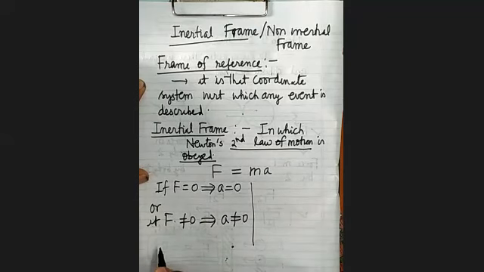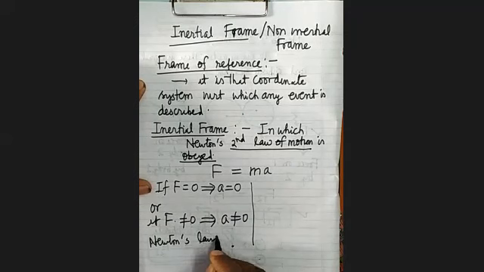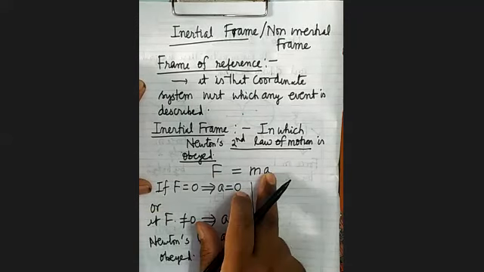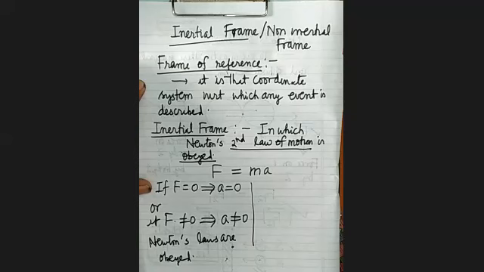Then it means Newton's laws are obeyed. Whenever the force is 0, acceleration is also 0; whenever the force is not 0, acceleration is not 0. Then we say Newton's law is applicable.